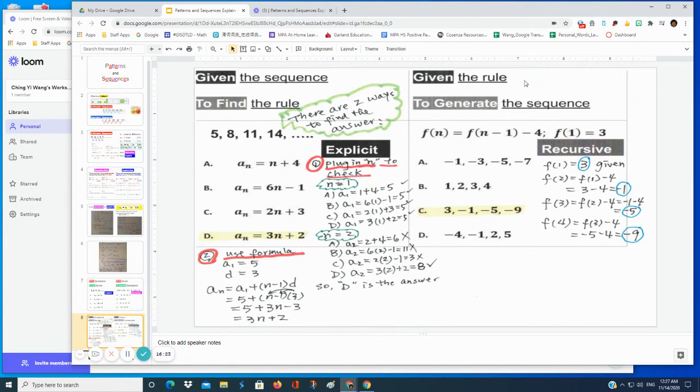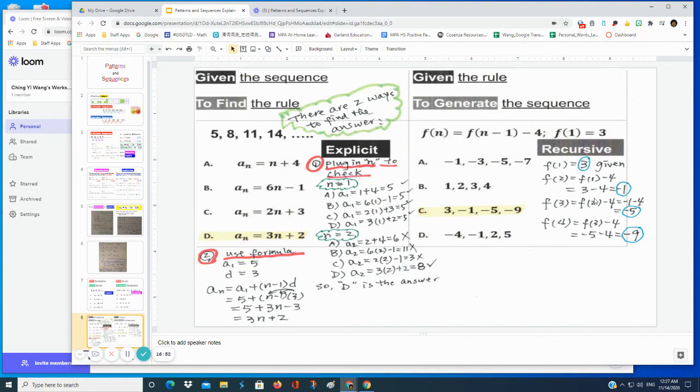If you're given the rule and need to generate the sequence, because the rule you are given is a recursive one, you have to find your terms one by one. First term, f of 1 is 3, that is given here. Then the second term, f of 2, is the first term minus 4. That's what your rule says.